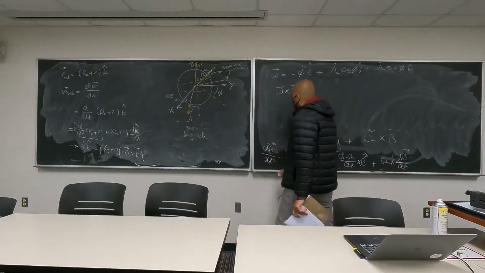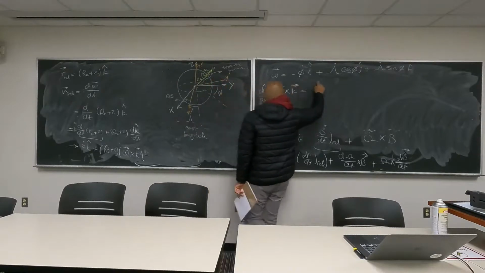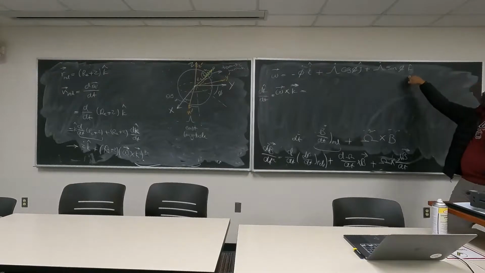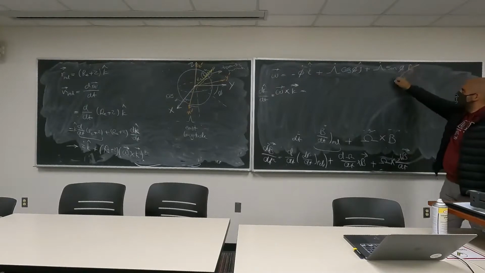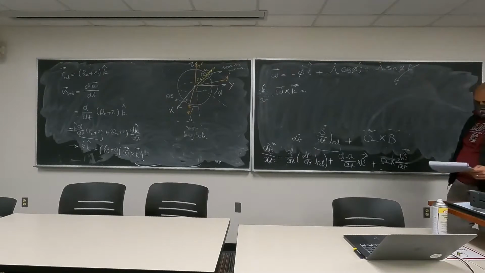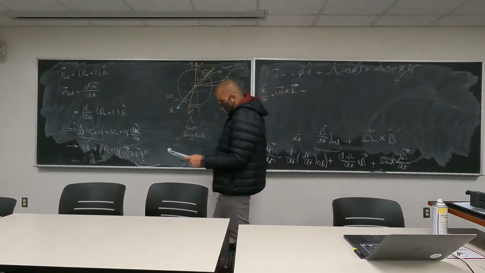No, so dk dt is omega cross k, but we have the omega. So what would be the solution to this cross product? What is k cross k? 0. So this part, 0, right? What is k cross I? Or I cross k? What is I cross k?